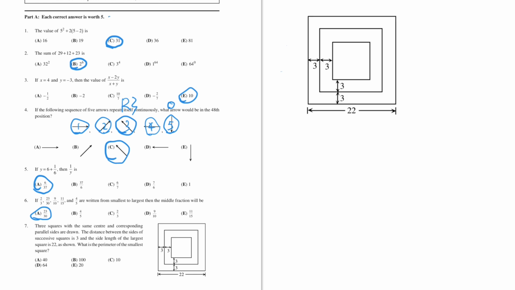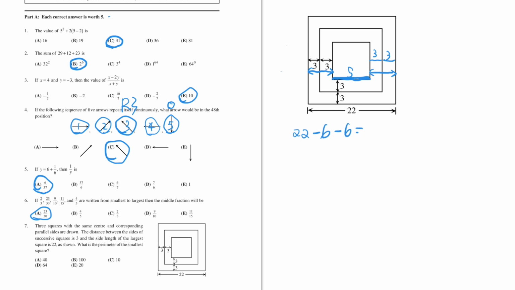Now let's copy and enlarge this figure. It shows that between the two squares, the distance is 3. Same thing on the right side, also 3. Now we are looking for the perimeter of the smaller one, so we need the side of the smaller square. The total length is 22, minus 2 times 3, that's minus 6, and also minus 2 times 3 on the right side, that's another 6.